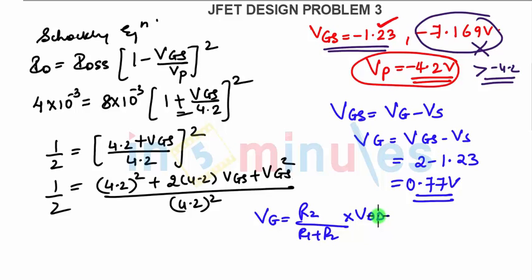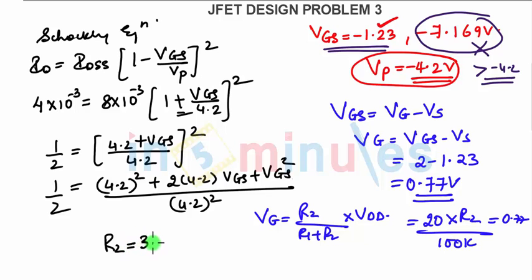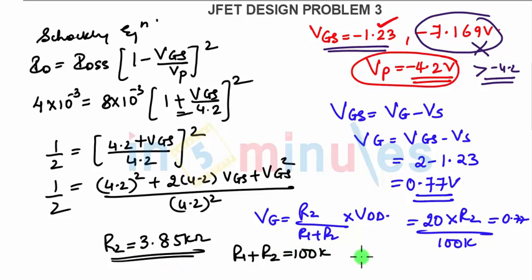R1 plus R2 is given as 100K. So 20 into R2 upon 100K, and the value of VG is 0.77. So this will give you the value of R2. You'll get R2 as 3.85 kilo ohms. Once you know the value of R2, you can find R1 because you know the relation R1 plus R2 is 100K. So the value of R1 will be 95.2 kilo ohms.